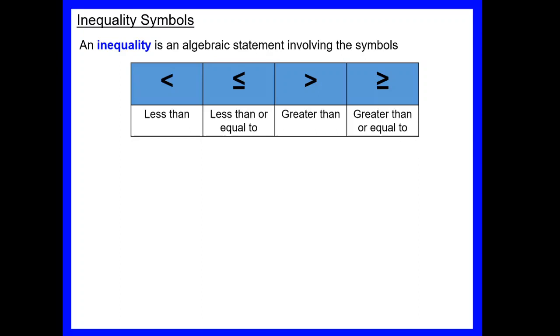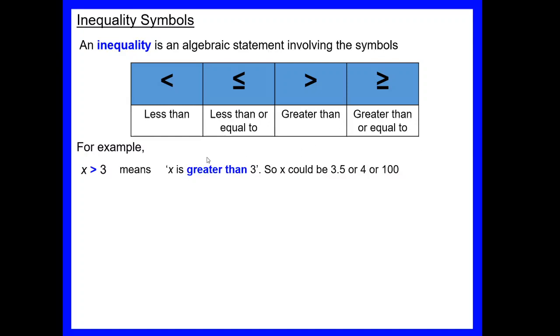Now the way we read those then, for example, if I have x is greater than 3, that means x is greater than 3. So open mouth at the beginning going towards the smaller point is our greater than, and it means that x could be any value that is bigger than 3. So it could be 3.5 or 4 or 100 or any number that is greater than 3.